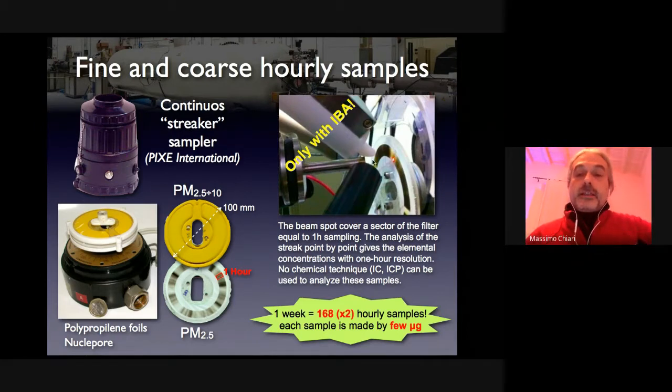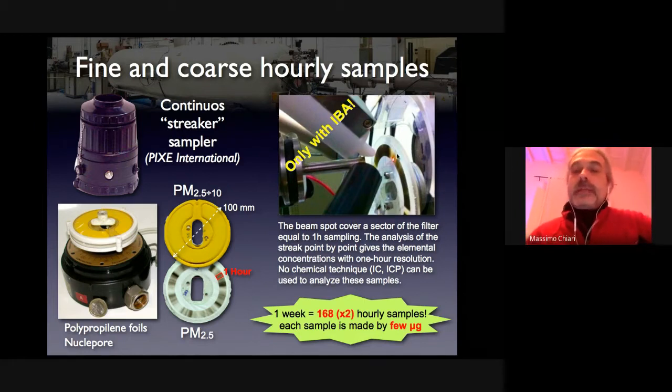But the advantage of ion beam analysis is that it is the only one that can be used to analyze such kinds of samples, because it is impossible to analyze this with chemical techniques like ion chromatography or ICP, because then you would need to cut these filters in pieces of 1 millimeter and analyze one at a time. So it would also be time consuming.